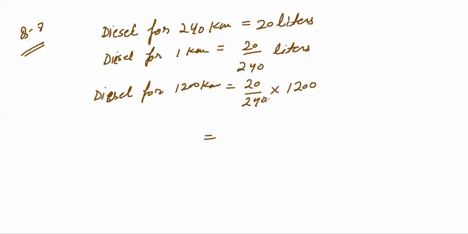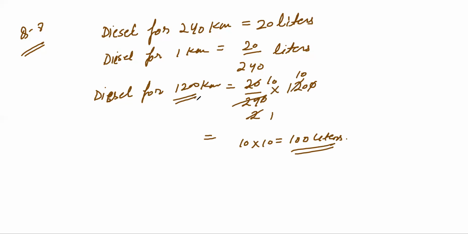Now calculate this, 0 cancels each other, 12 ones are 12 and 12 twos are. Now 2 ones are 2, here 10 you will get, 10 into 10 is 100. So 100 liters of petrol is required if we want to cover 1200 kilometers.